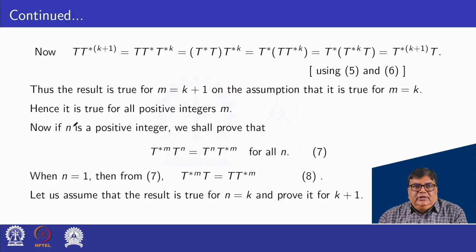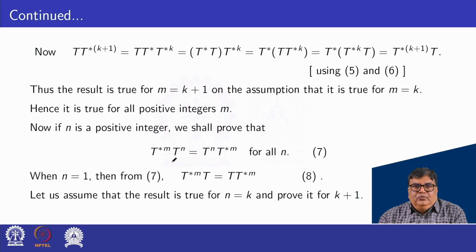Now, if n is a positive integer, we shall prove that the m-th power of T* into the n-th power of T equals the n-th power of T into the m-th power of T*. That is T*^m T^n equals T^n T*^m.